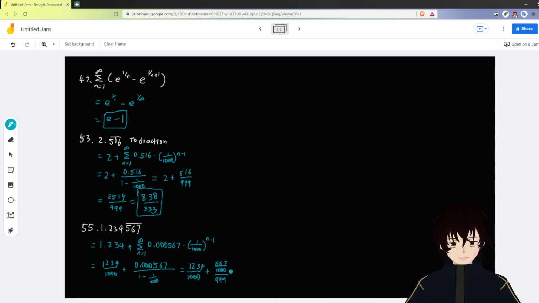Multiplied by 999 on both sides. It's probably something like this. Can I divide?